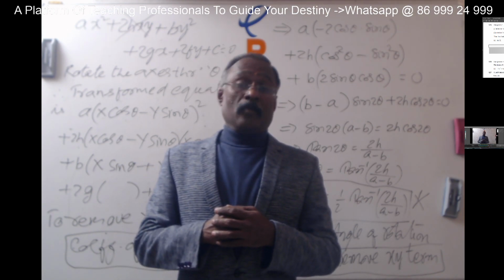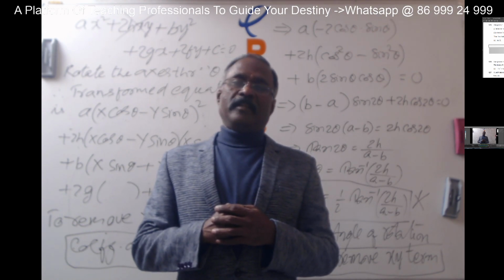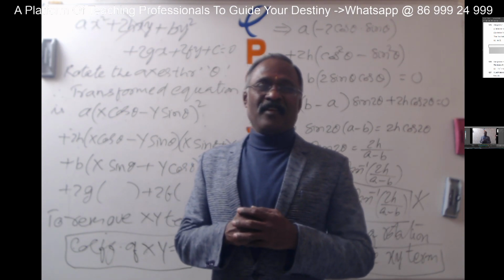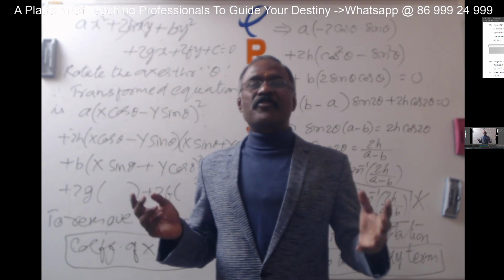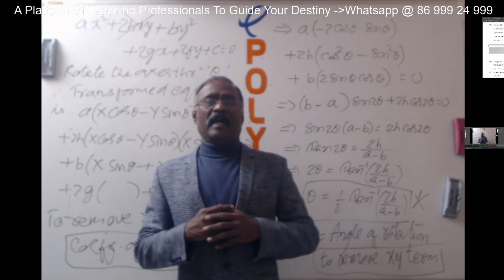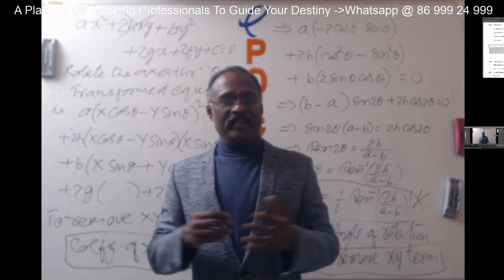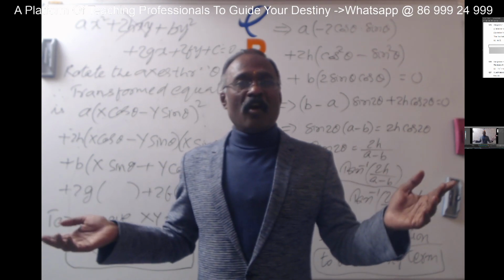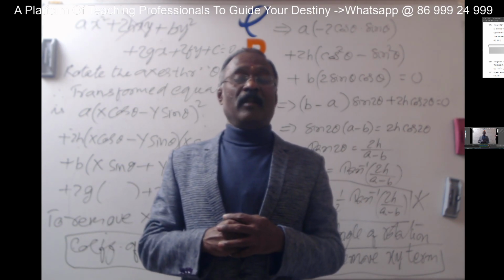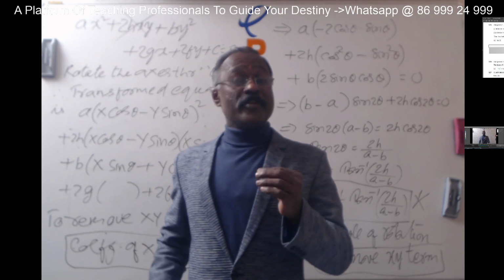Then you must note this down. By shifting the origin, what will not change? The areas will not change, the distances will not change, the slope will not change. All these will remain the same in shifting of origin.